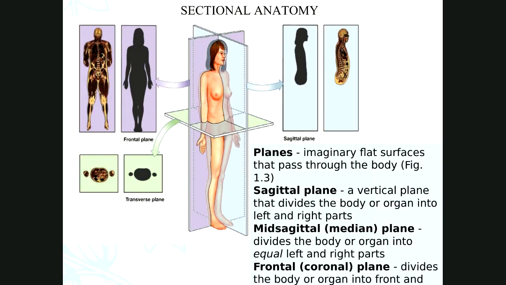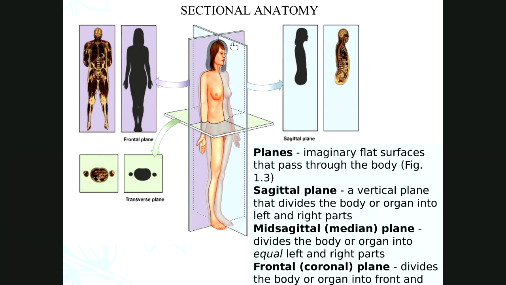So sectional anatomy refers to planes. So what is a plane? It's like an imaginary cut that passes through the human body. So we have to understand these different planes. When we see a sagittal plane, it means we're dividing the human body into a right or left side.